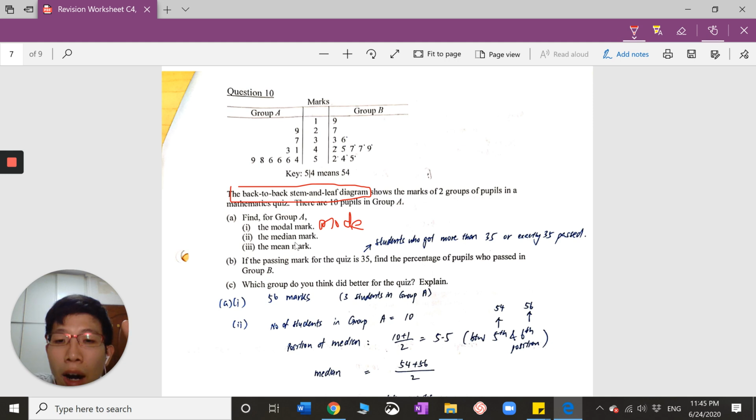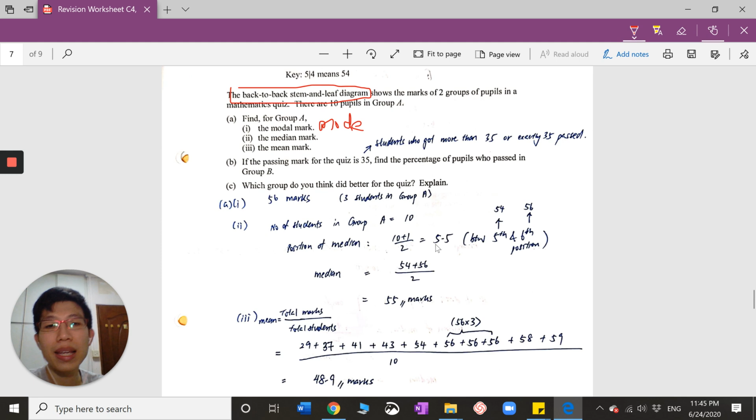The data has 10 students, so you need the position of the median, which is between the 5th and 6th values. So it is 54 plus 50 divided by 2. So in this case, it will be 48.9.